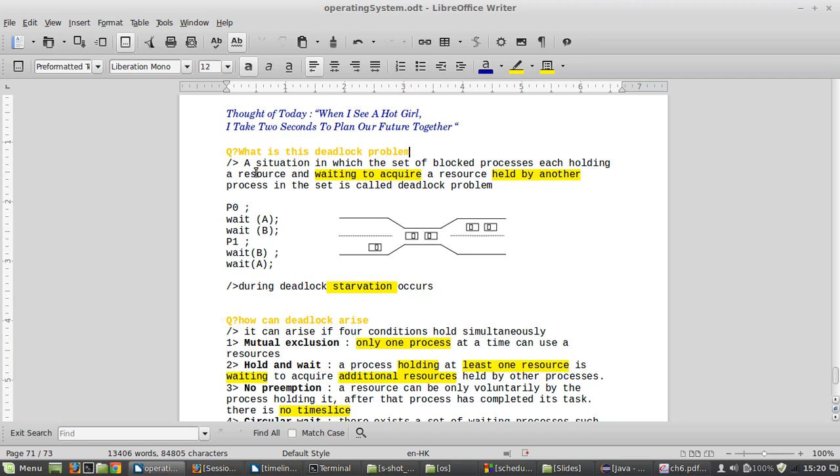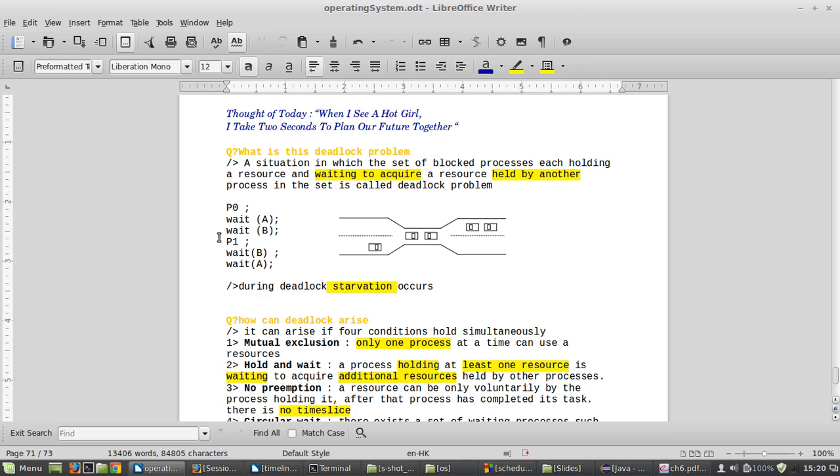Now let's begin the session. So what is a deadlock problem? This kind of situation occurred in our previous lectures so many times, right?